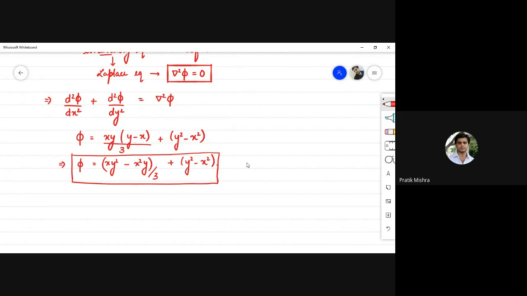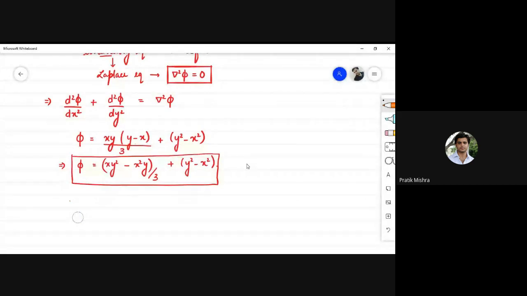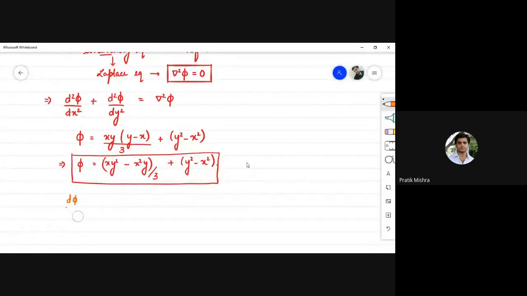Next is del phi by del x, d phi by dx is equal to (y square minus 2xy) divided by 3 plus 0 minus 2x.